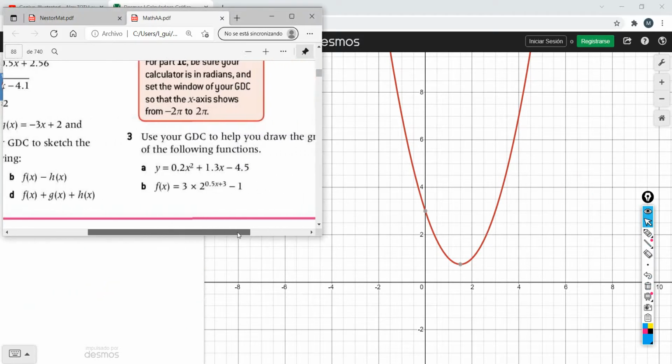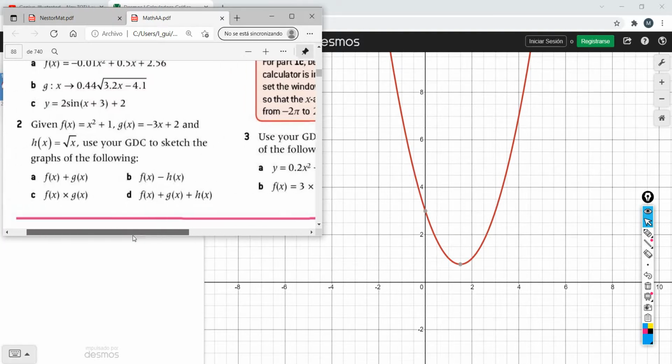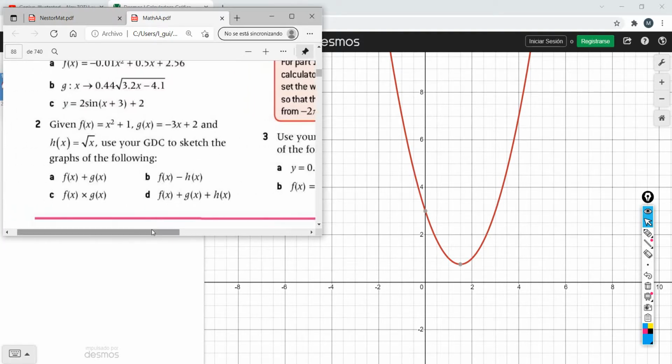And problem number 3, well, it's pretty much the same. All you have to do is just use Desmos to graph these things, to make the drawing. What we understand by drawing the graph is this, guys. This is the drawing of the graph, and the other is the sketch.